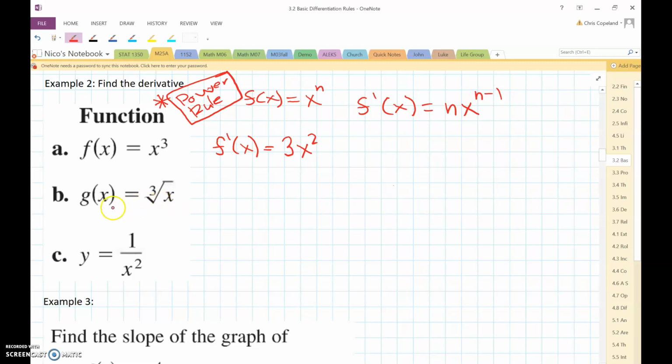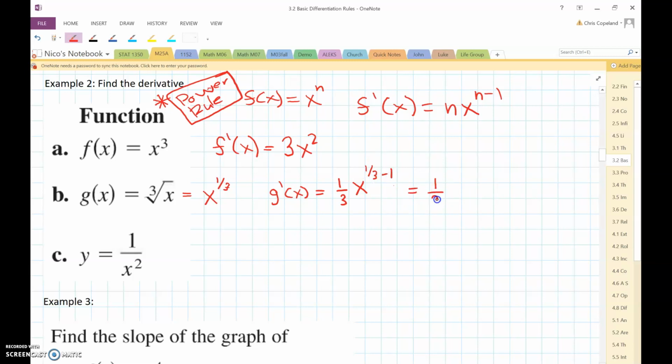Okay, the next one, g of x equals the cube root of x. I would rewrite this as a power, so I'd rewrite this as x to the 1/3 power. Then when I find the derivative of g of x, that's going to be equal to n, which is 1/3, times x to the 1/3 minus 1 power.